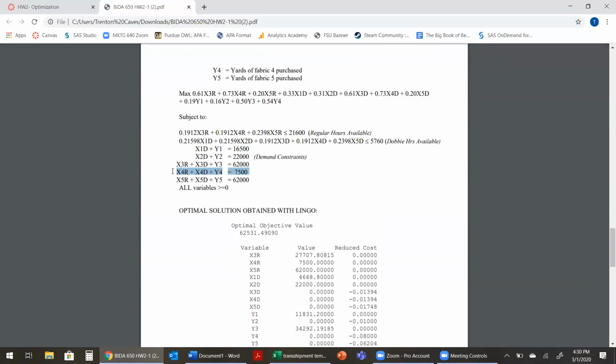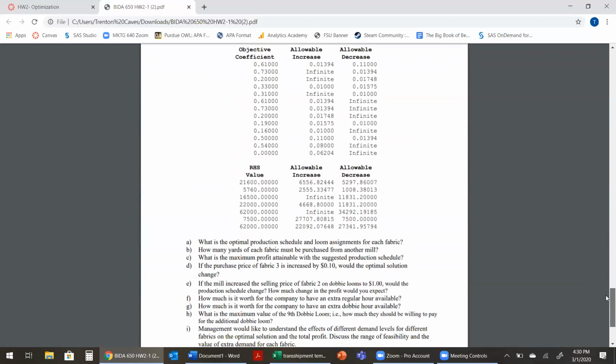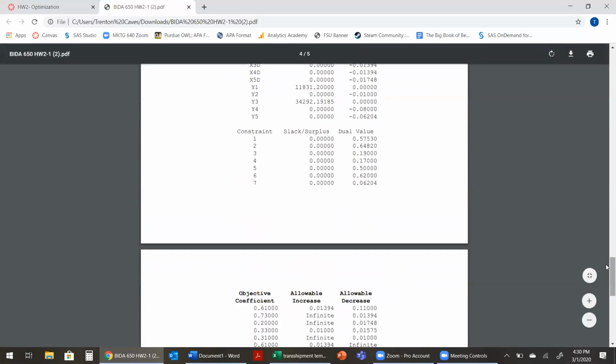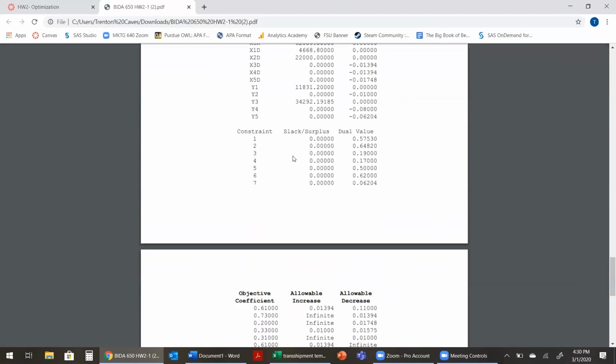Okay, so we're not multiplying these by the values. No, you're just looking at the value, saying which one has the highest dual value. Okay, I was multiplying it by the variable values above there. Yep.